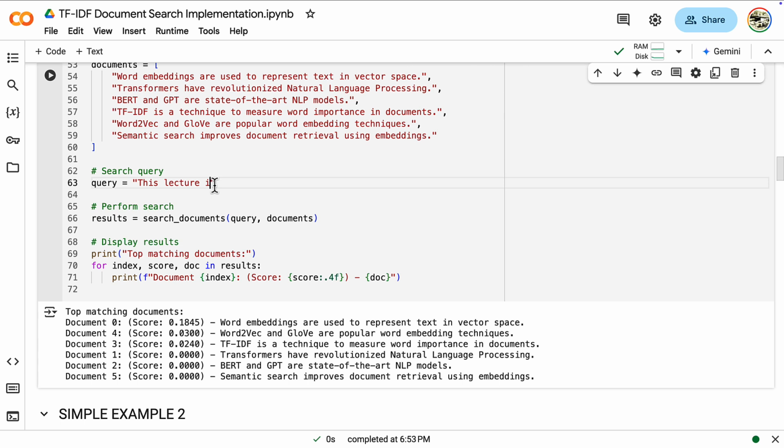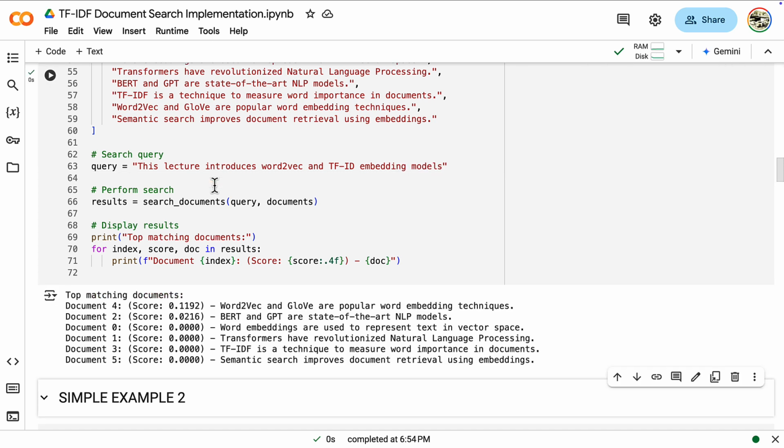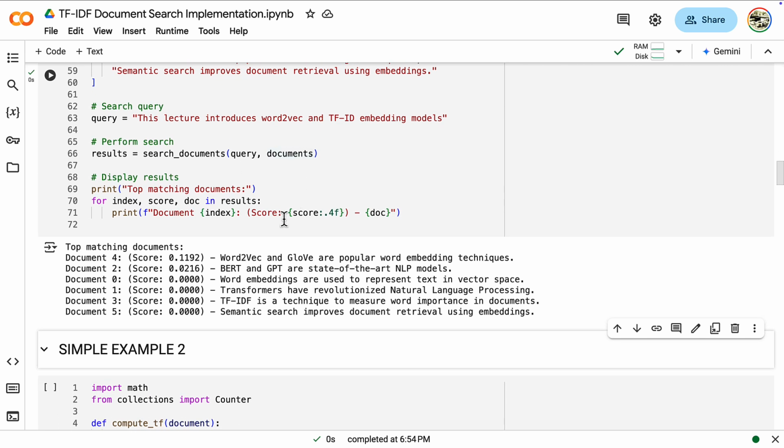this lecture introduces word2vec and TF-IDF. Embeddings. Models. Look now, it returns models.